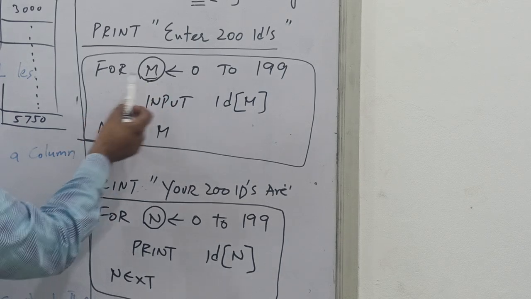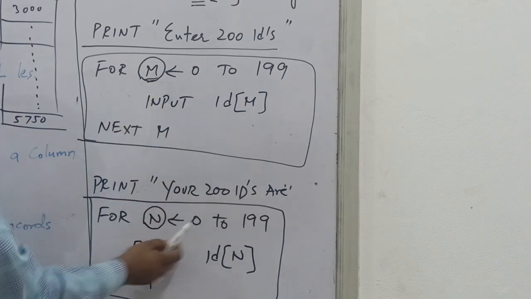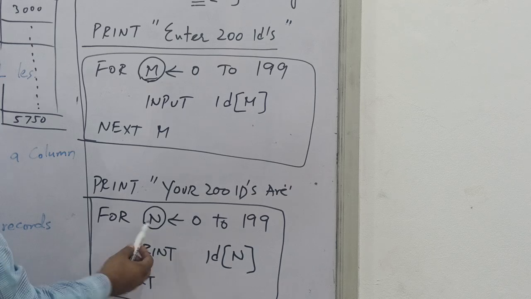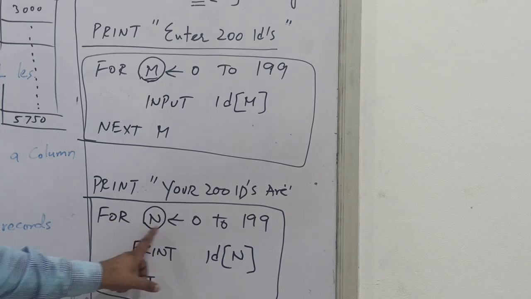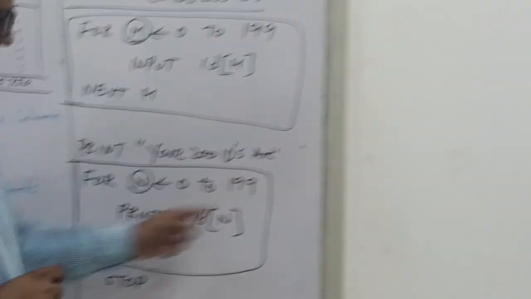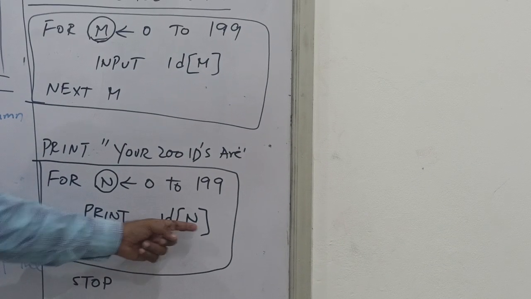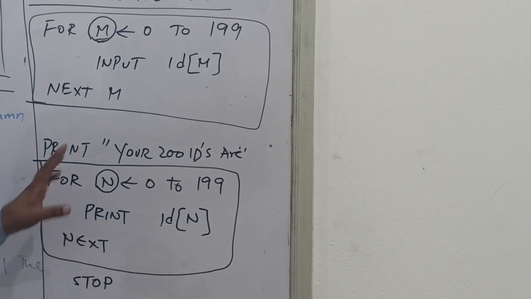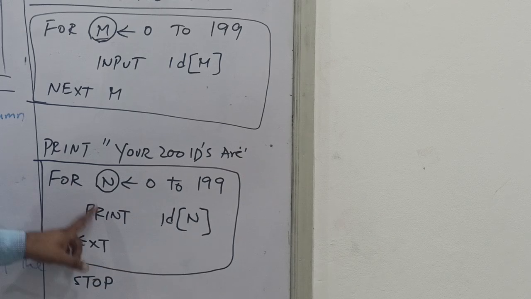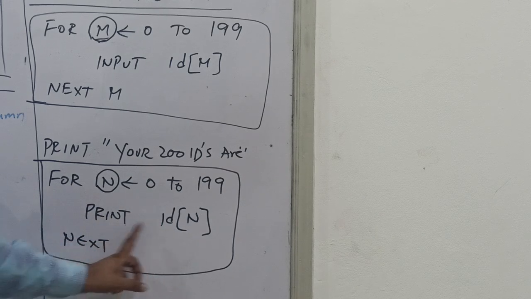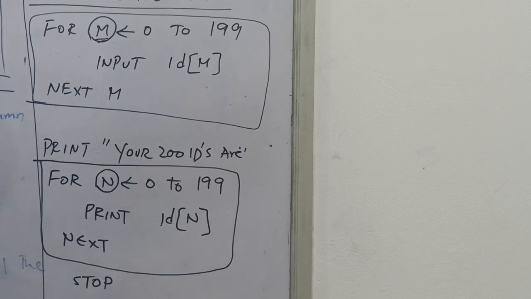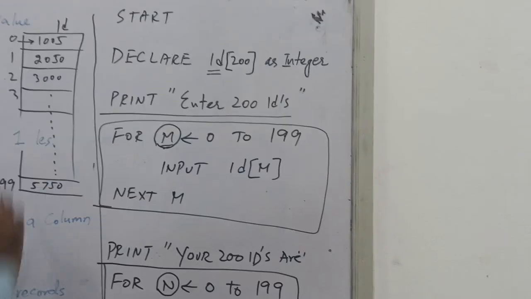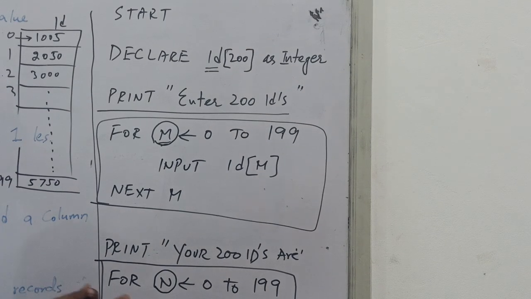First, in the for loop, I used m. Here I have decided that I will use another new name, and for me it is good to use n. For n is equal to 0 to 199, print ID n. For the first print, it will become print ID 0. The processor will go into ID 0, pick up this 1005 and print it.